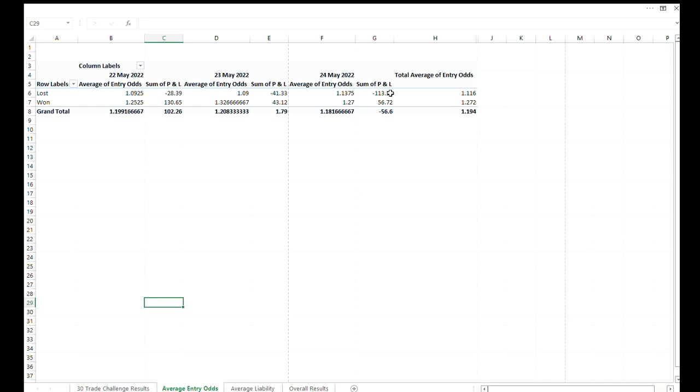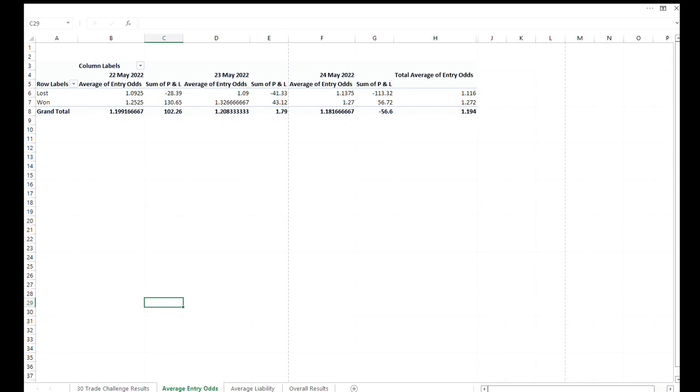But yeah, it's really, really interesting when I look at this overall. It's crazy. I would encourage you, if you haven't done something like this already, let me know in the comments box below where you are in terms of analysing your trading results, and let me also know if something like this would be useful for you.